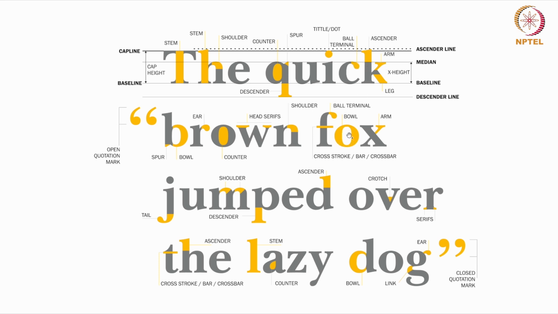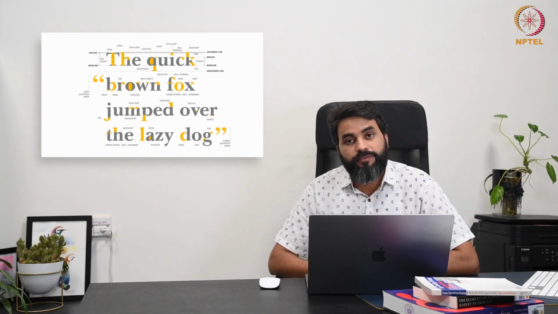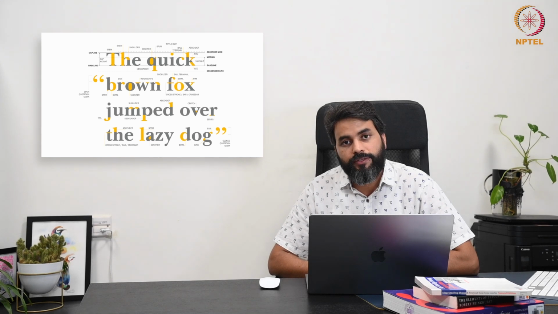And then you have shoulder, serif, counter space, and ear in letter R. Similarly, you have spine in letter S, stem, and link in letter G. So these are very unique parts of the letter, and they play a very unique role in the structure and design of a typeface. The shapes, proportions and variations of these parts give different typefaces their character, identity, style and readability.